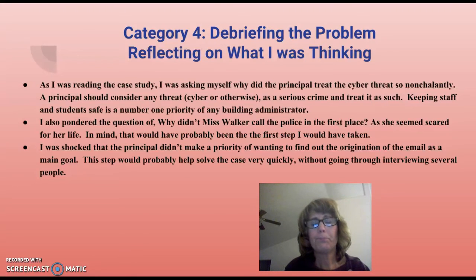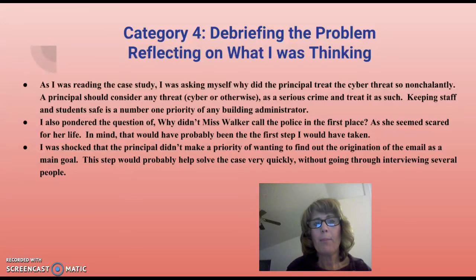Debriefing the problem. Reflecting on what I was thinking. As I was reading the case study, I was asking myself, why did the principal treat the cyber threat so nonchalantly? I also pondered the question of, why didn't Miss Walker call the police in the first place, as she seemed scared for her life?